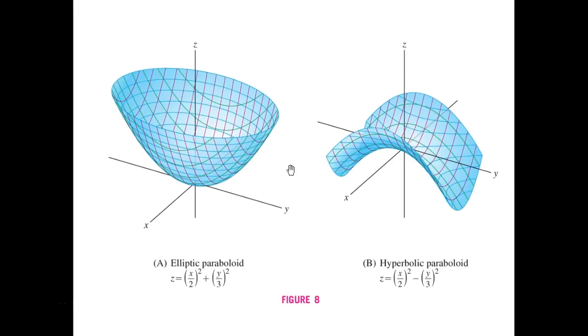Now, this is your elliptic paraboloid. Z is equal to, with a plus in between, so when z is a constant, that gives you level curves parallel to the xy-plane, which they call the horizontal traces. Every one of these is an ellipse. If a and b happen to be equal, then they actually are circles, but it's still a paraboloid, a circular paraboloid on the elliptic. But a circle is just a special case of an ellipse.